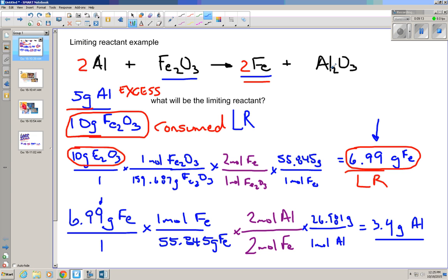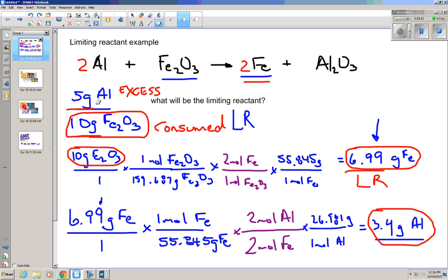So if I started this reaction with 3.4 grams of aluminum and 10 grams of iron oxide, that's all I would need.